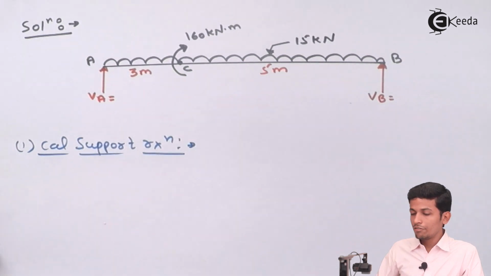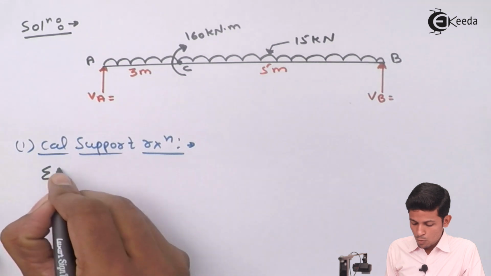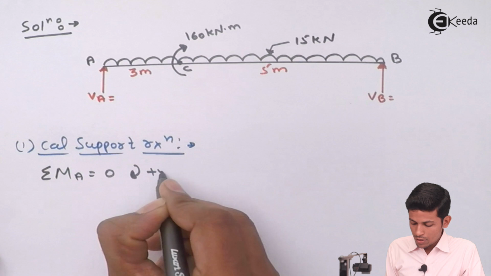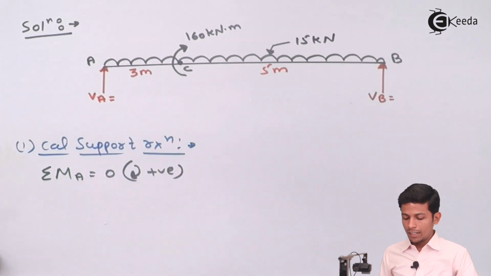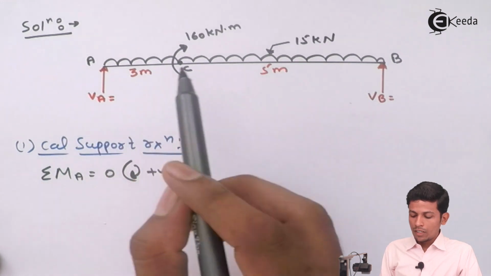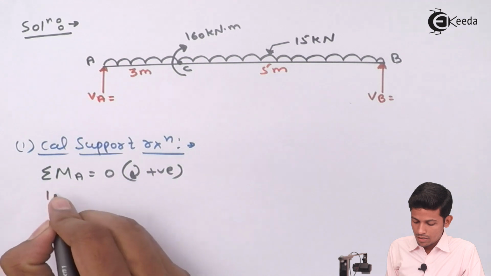In that, first we are taking moment at A equal to 0, clockwise positive. So what will come? See, this couple is going in clockwise direction, so positive 160 as it is.